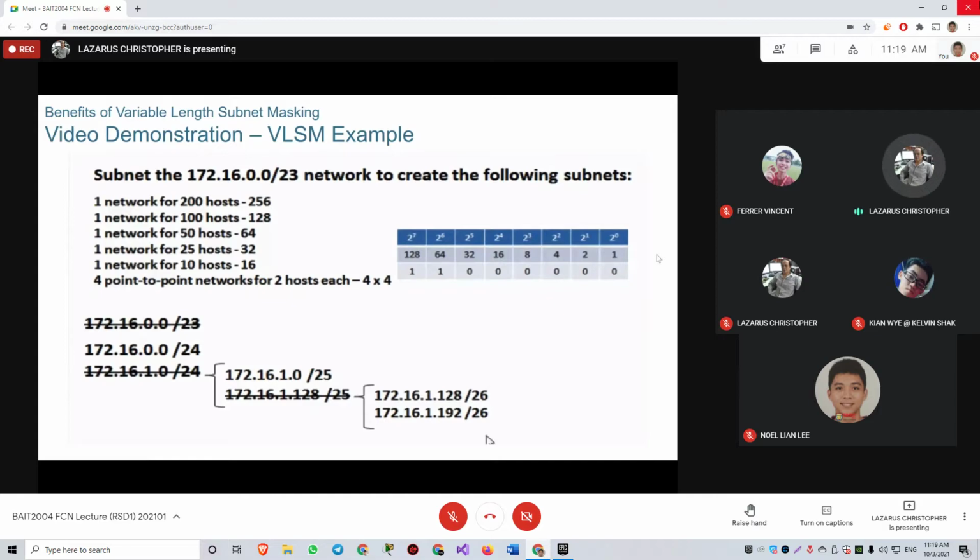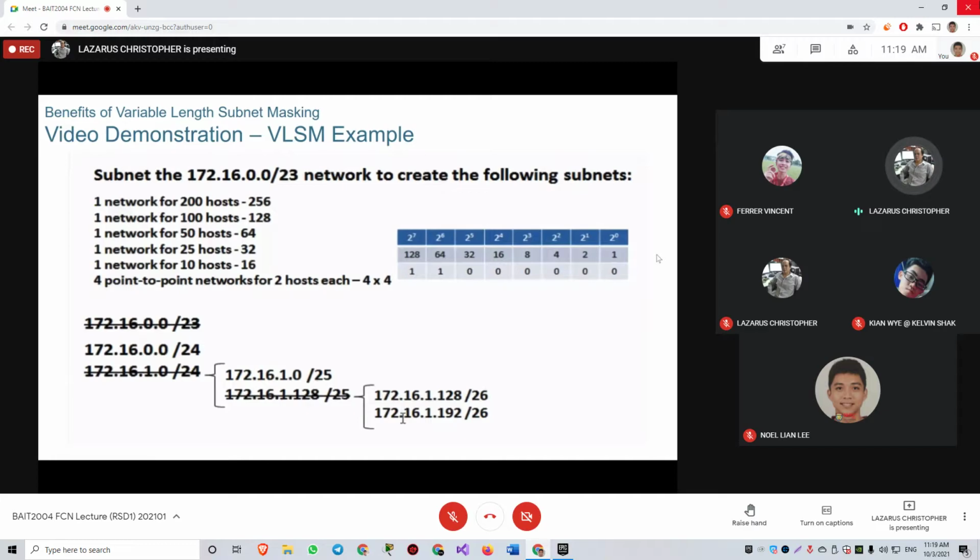Furthermore, with the /26 subnet mask, you only have 1, 2, 3, 4, 5, 6 host bits, and 2 to the 6th power is 64, meaning there's 64 hosts, 62 usable per subnet. I now have my 256 host subnet, my 128 host subnet, and my 64 host subnet.